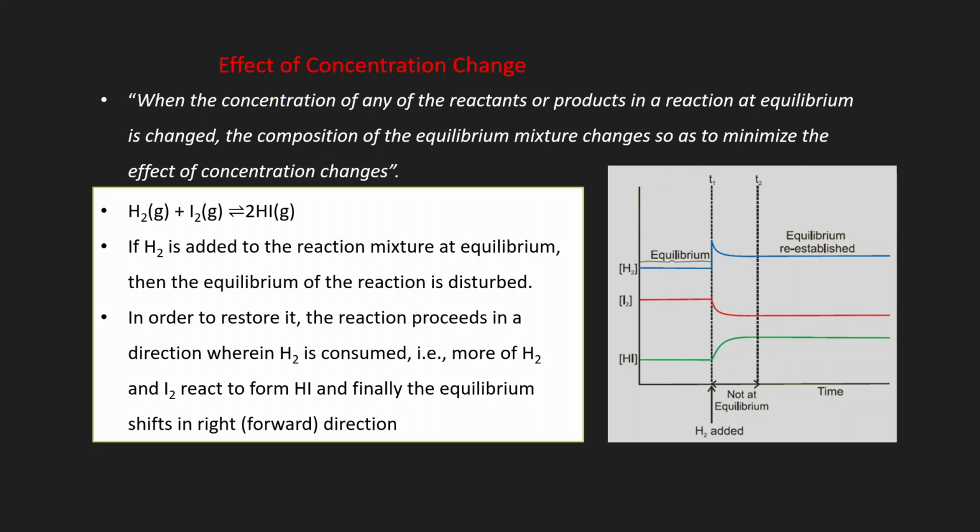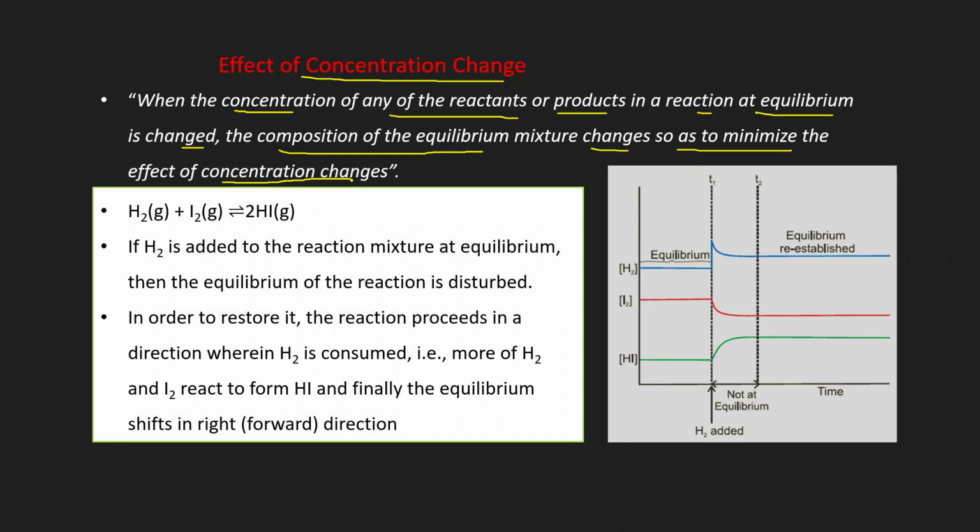Now we will discuss the effect of concentration change. When the concentration of any of the reactants or products in a reaction at equilibrium is changed, the composition of the equilibrium mixture changes so as to minimize the effect of concentration changes.